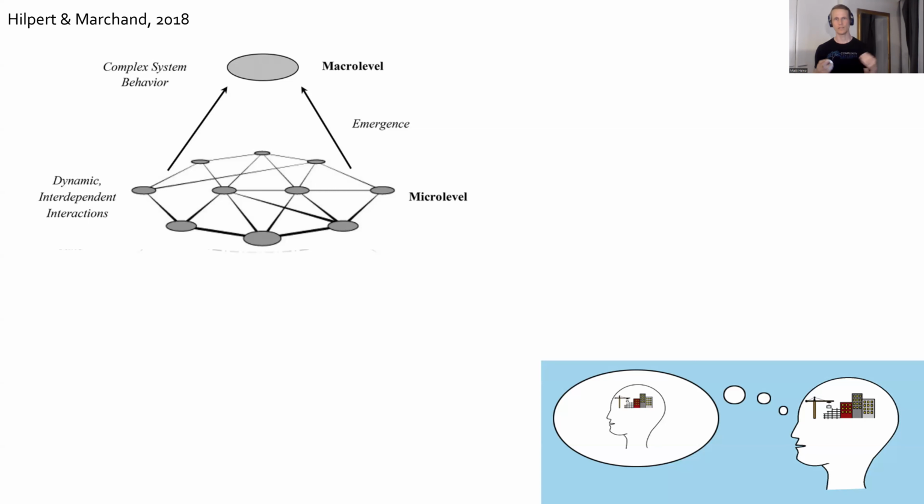But the point is that in these interaction-dominant systems, you have dynamic interdependent interactions on the micro level that don't just sum up to produce some macro level state. So you could have, for example, individuals' mask use, but the societal developments regarding mask use are not just the sum of all the individuals' mask use.